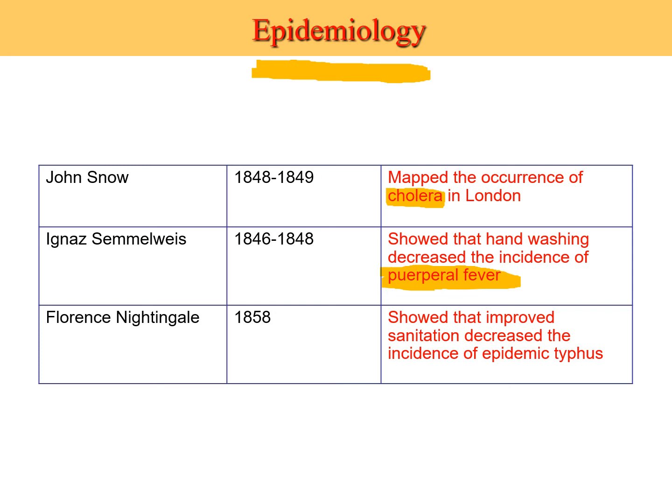He showed that simple hand washing by the attending staff could prevent most of the incidence. Florence Nightingale also did epidemiological studies on the incidence of epidemic typhus and showed that sanitation decreased the incidence. She has a major contribution, her epidemiological insight.